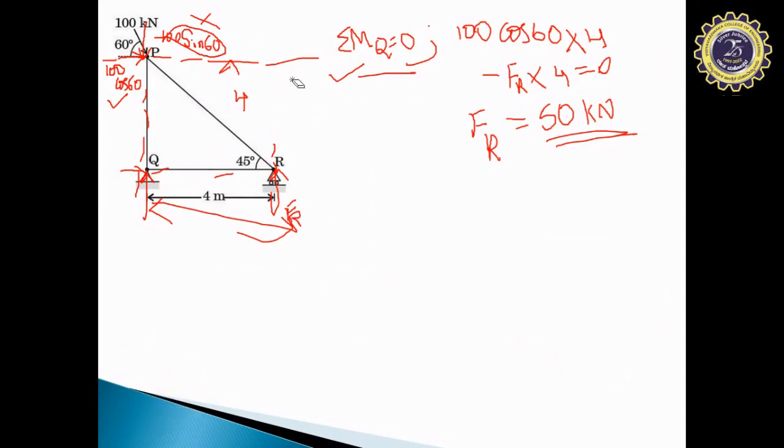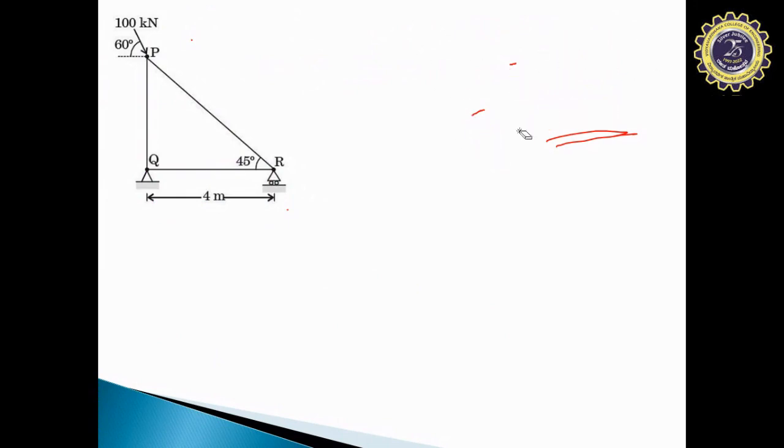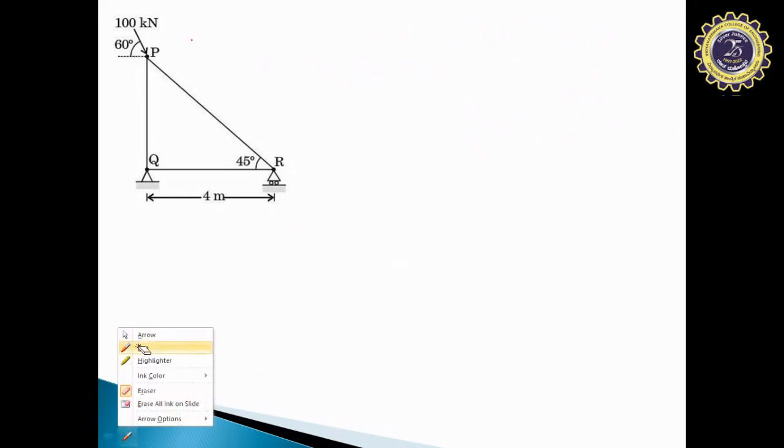You can just simply use method of joints. At which point? Which point do you think is easier for you to apply method of joints to get the correct answer? You can apply at P, you can apply at R to find out member force PR, right?